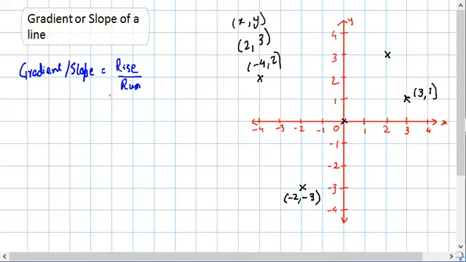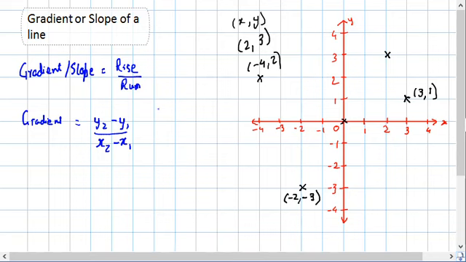So for example, we'll come to the gradient, and gradient has a formula also. So in case you find it difficult using the rise over run, you can just calculate it using the formula, which is (y2 - y1) over (x2 - x1). So this is assuming that we have 2 points on the line.